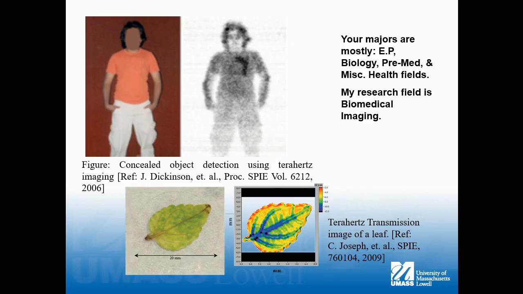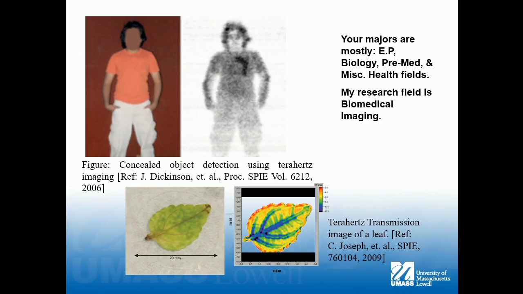Okay, so my research area is biomedical imaging. I look more at cancer tissue, but that's not where I started out. You probably remember metal detectors at airports. The idea here was to look through clothing, and you basically do that using light.